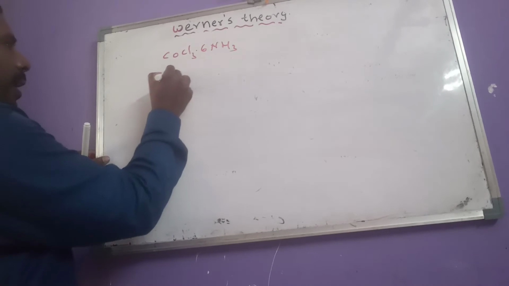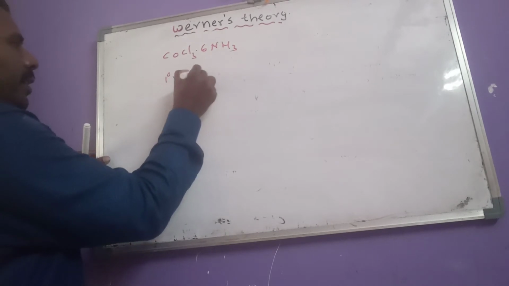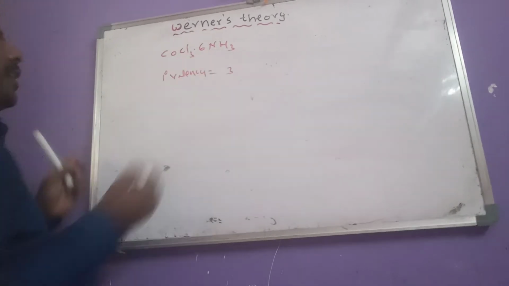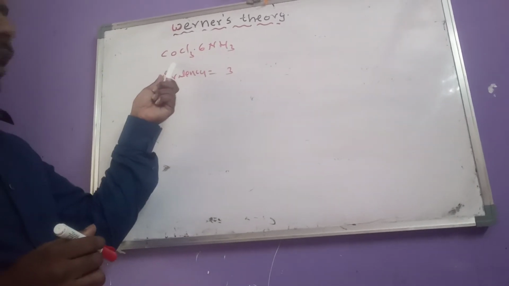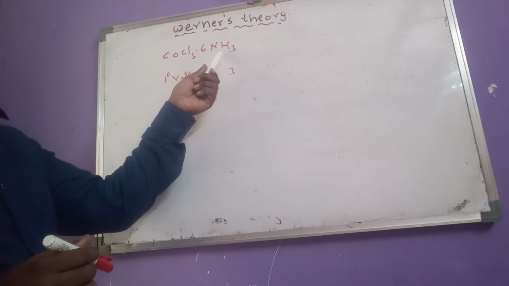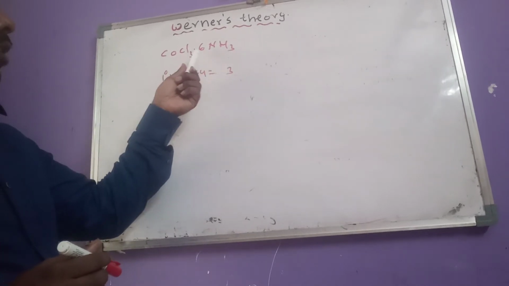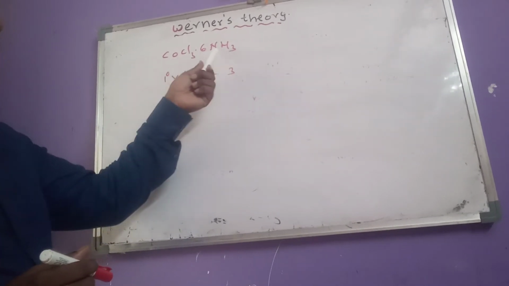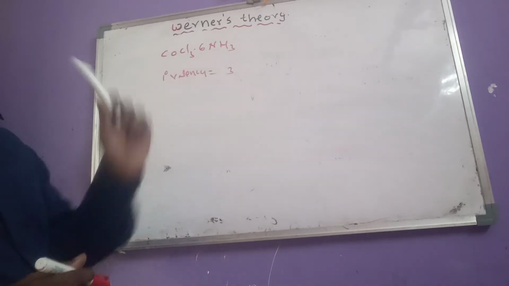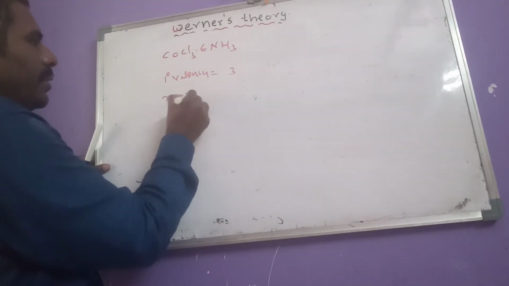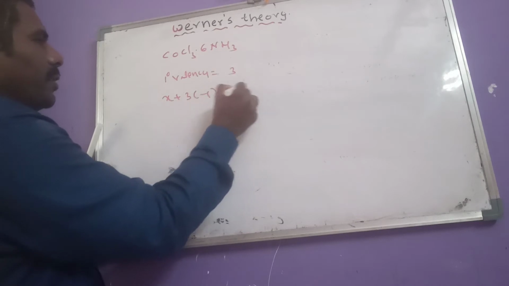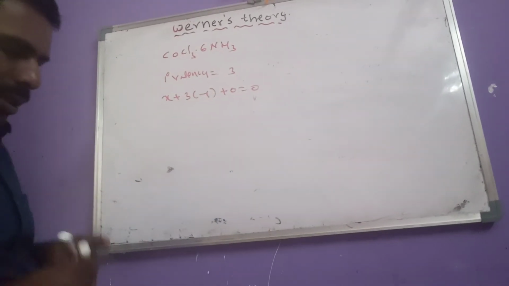Its primary valency is equal to oxidation number. Now here we have to calculate the oxidation number of cobalt. Ammonia is a neutral ligand. So x minus 3 plus 0 equals 0. We can write it like this: x plus 3 into minus 1 plus 0 equals 0.